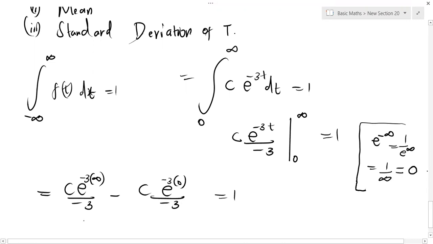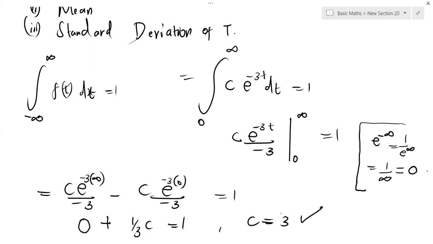So exponential minus infinity gives us 0, minus, on the other end, exponential minus 0, which gives us 1. There's a minus and a minus here, so we'll have a plus. Then this gives a third c is equal to 1. If you solve this, you will get that c is equal to 3. Okay, so that's it for c.